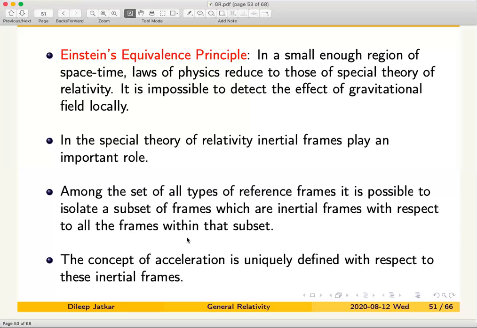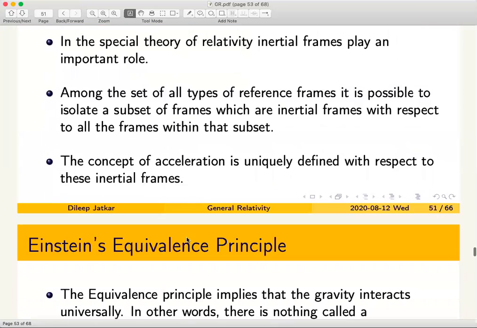Because at any given point, you may have frames which are related to each other by constant velocities, or could be related to each other by constant acceleration, for example, or even non-constant acceleration. So you define these quantities locally, and then you want to relate them at different points. That is the relation that we will start developing soon.